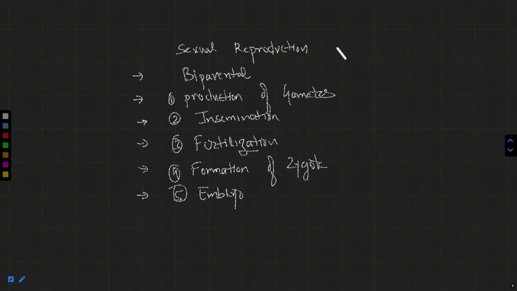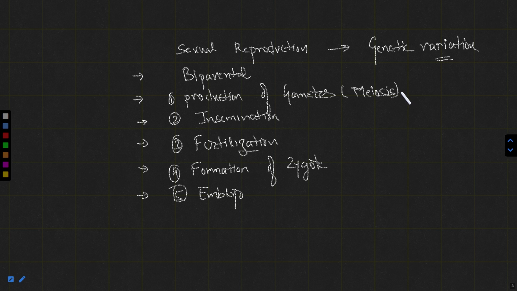Now, due to sexual reproduction, okay, it leads to the genetic variation. Why? Because the gametes, these are produced by meiosis. Meiosis is known as the reductional division. Clear? That's why these gametes are always haploid. Clear? And during meiosis, what happens?